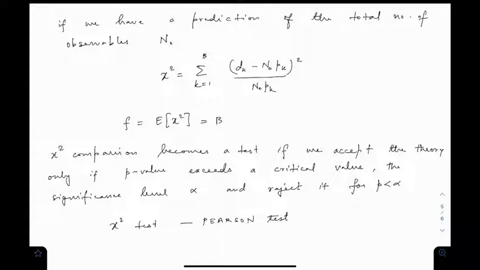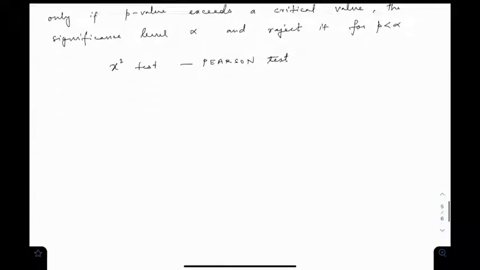Now, in general, there is no rule for the choice of the number and width of the histogram bins for the chi-square comparison. But we must note that the chi-square test loses its significance when the number of bins becomes too large.